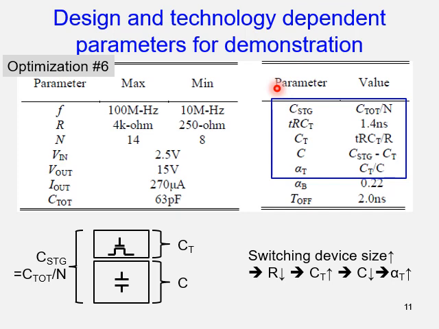This is optimization number 6, which is the last optimization method, a comprehensive way. So here, this table shows the demonstration parameters, and as shown in the previous slides, the CT from a transistor and capacitor C composes each stage.